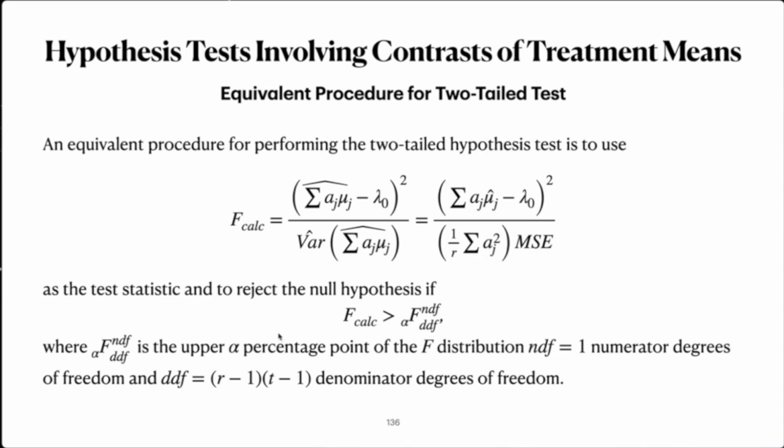Again, we reject the null hypothesis if the test statistic F-calc exceeds the upper alpha percentage point of the F distribution with one numerator degree of freedom and r minus 1 times t minus 1 denominator degrees of freedom.